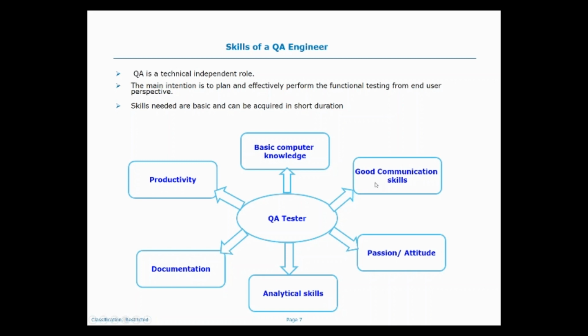When we are finding the bugs in the software, you need to communicate that to the developer, and there will always be a tussle between a developer and a tester on whether it is a bug or not a bug. So how effectively you are putting to the developer the exact situation and making him see the problem, that's where your good communication skills come in.